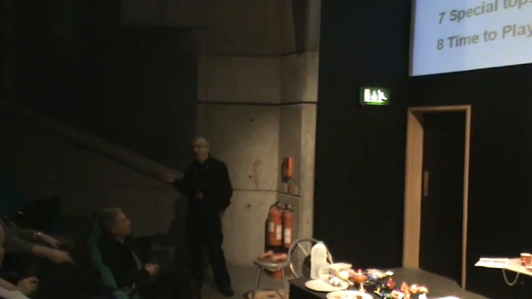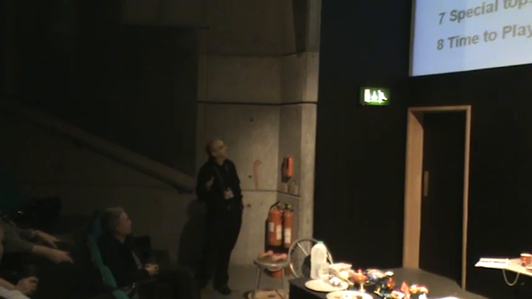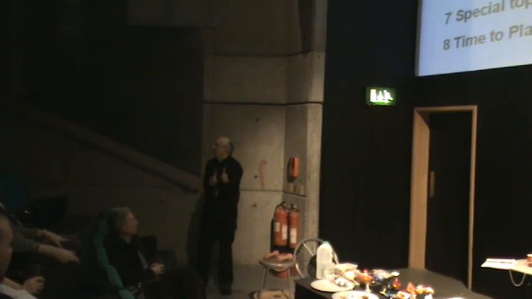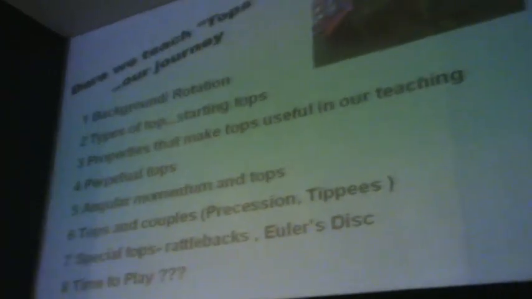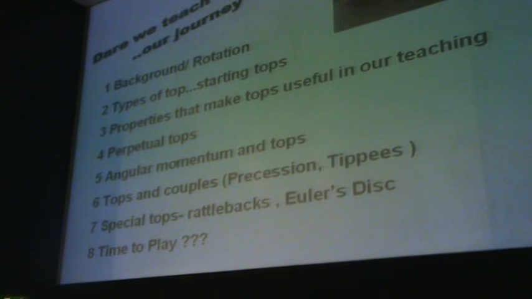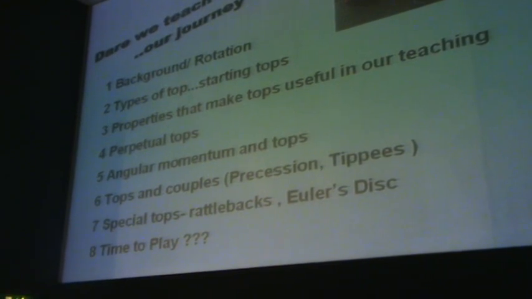Depending on how much time we've got, and I'll rely on people to start shuffling when we get to the end, we can look at a bit on precession and tippy tops. That's going far beyond what will be on the syllabuses, but there are so many interesting things that you can do with that, the way that tops actually work. And then I've got some special tops, rattlebacks, Euler's disc.